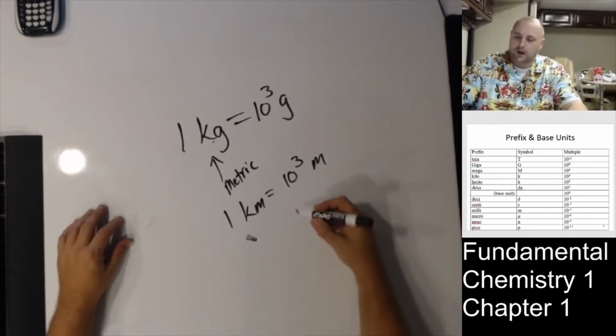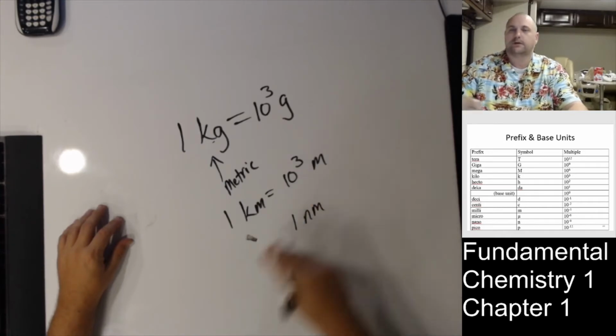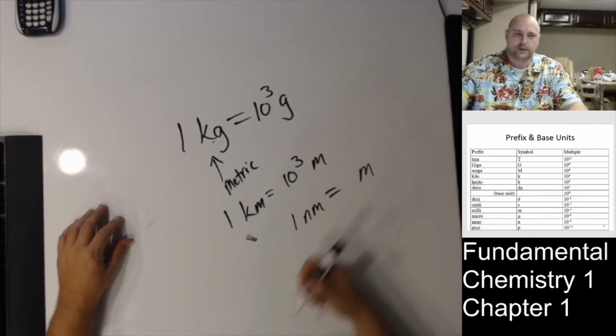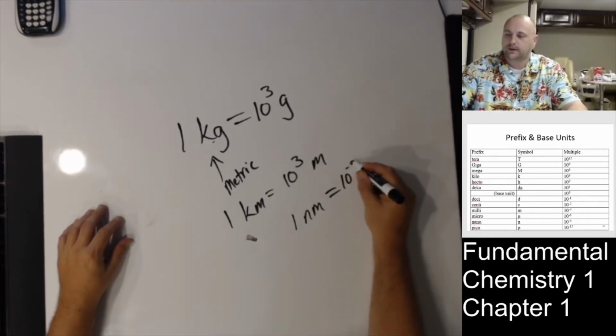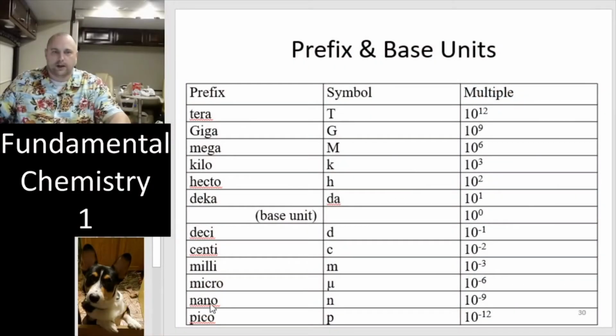All right. So now let's do one. Let's do a tough one. Let's do a nanometer. 1 nanometer is going to be so many meters. And nano is 10 to the minus 9. I just come over here on my table and I find nano, and I go over here and it says 10 to the minus 9.